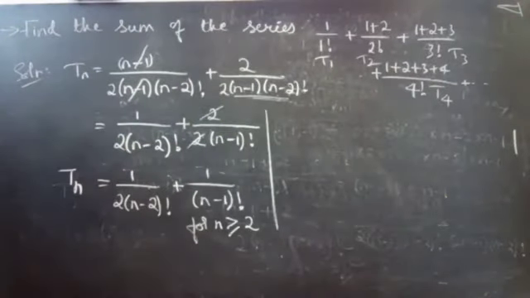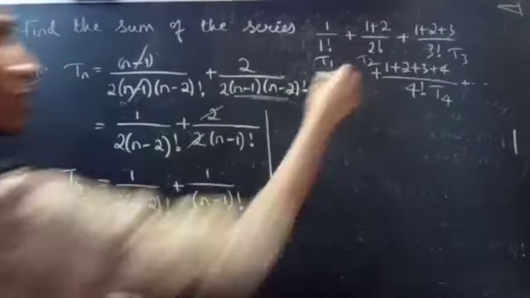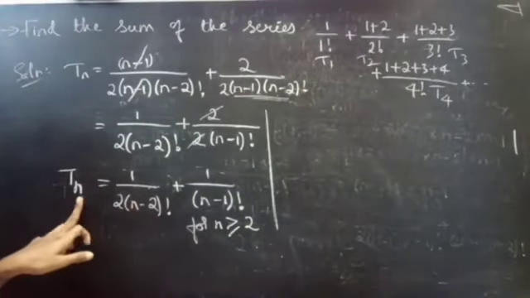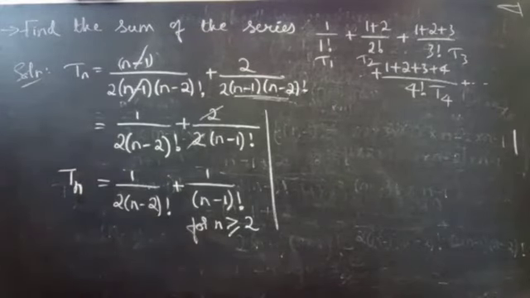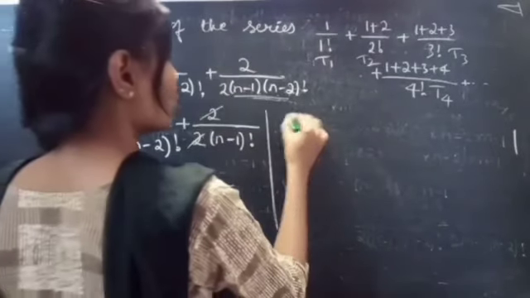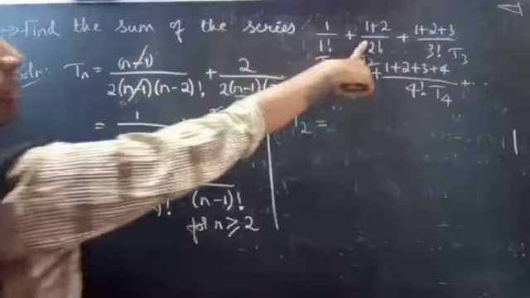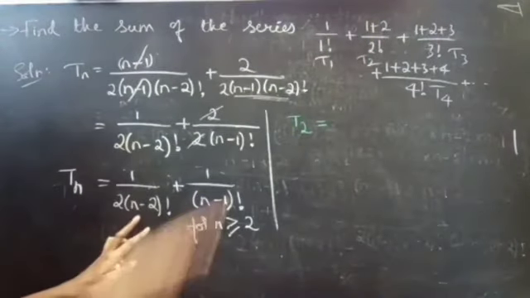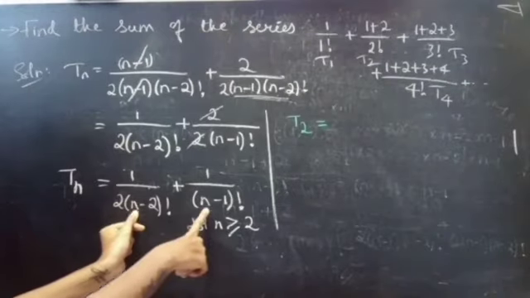So let us consider T2. Let's check whether we are getting T2, T3, T4 or not. I'm going to consider T2 for n equals 2. I should get the second term. So now substitute n equals 2 here.